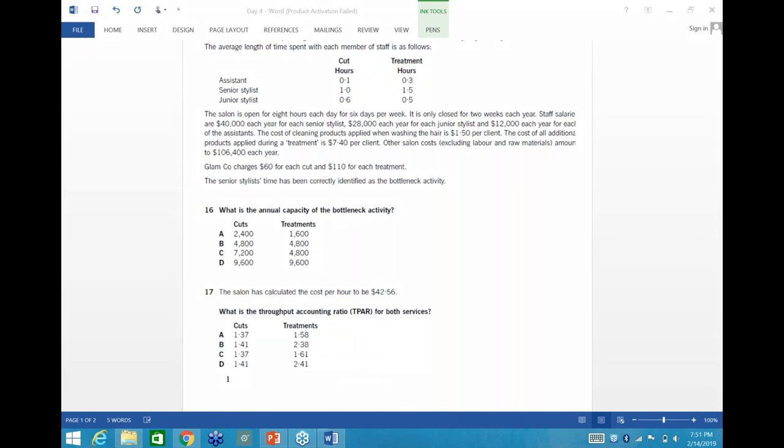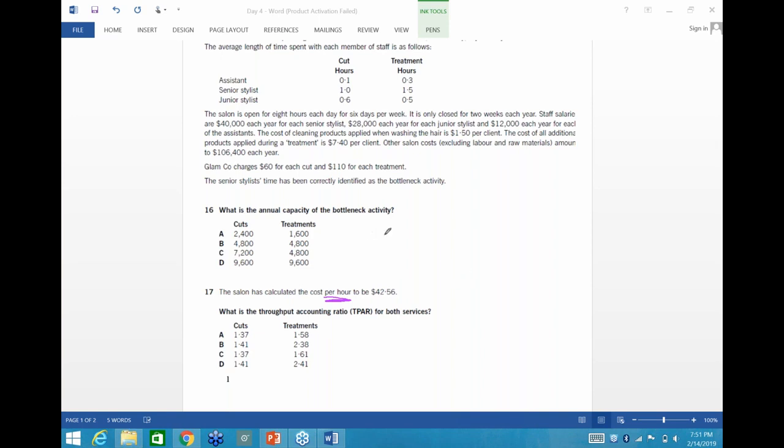The salon has calculated the cost per hour. What is the throughput accounting ratio for both services? So this was what I was telling you. Since they have given per hour, then don't go with the shortcut formula, because in that long formula, part of it is given, so you don't have to adjust it.